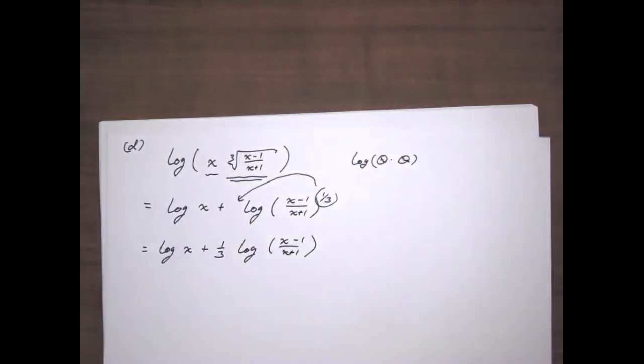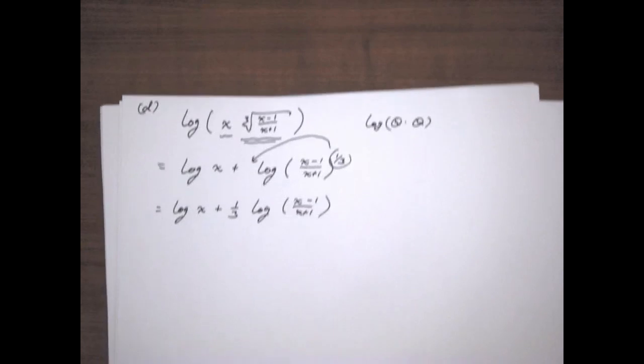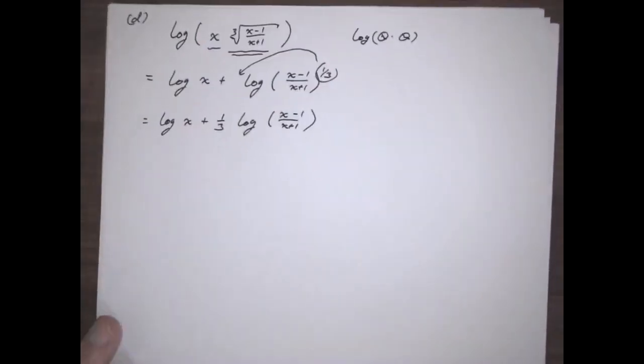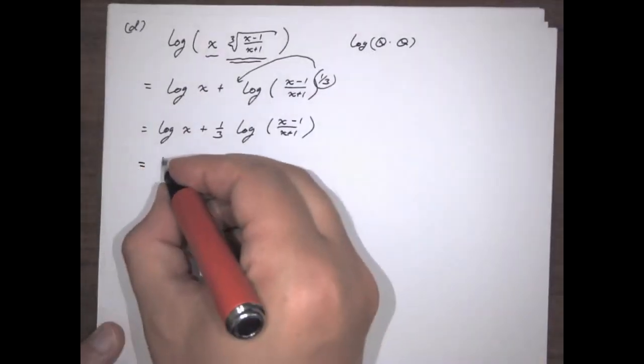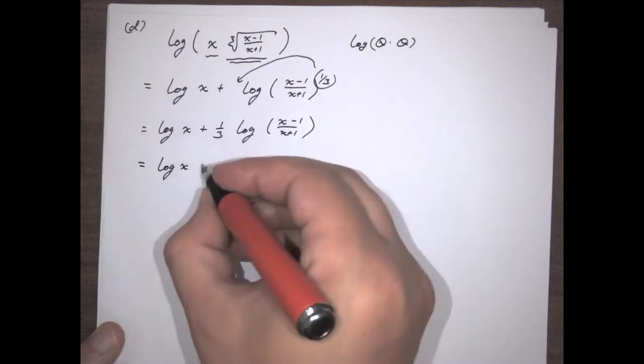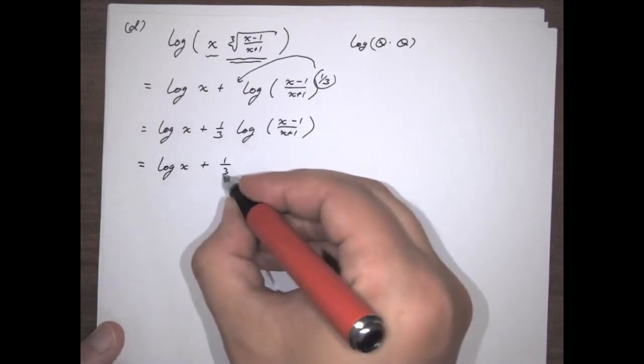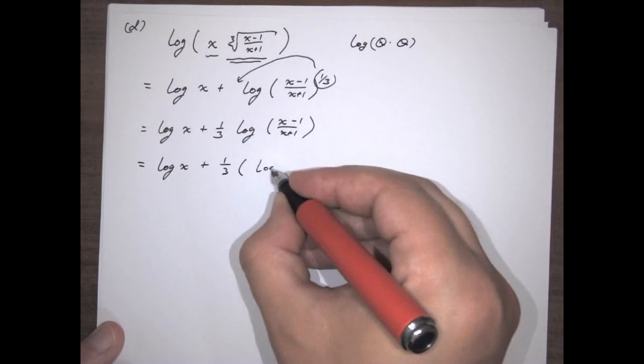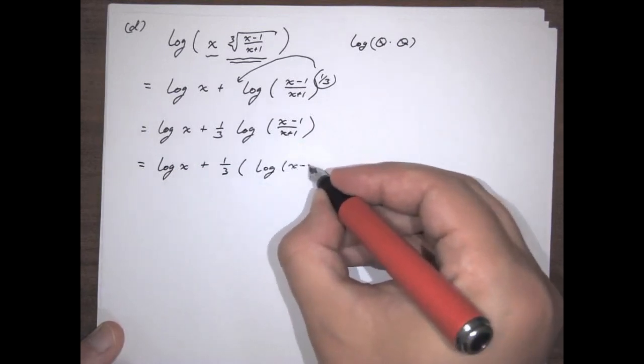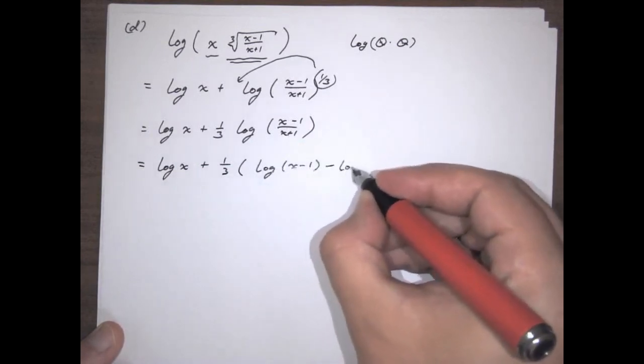Now here what we have is a logarithm of a division, and logarithms of divisions can be rewritten as a subtraction of two logarithms.